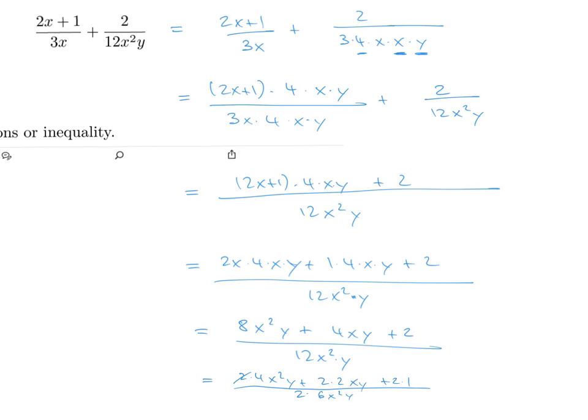So we can cancel down the 2 here, and then this would be equal to 4x squared y plus 2xy plus 1 divided by 6x squared y.